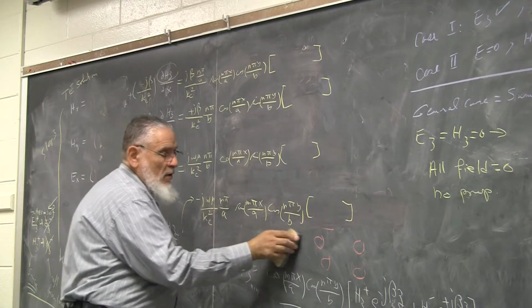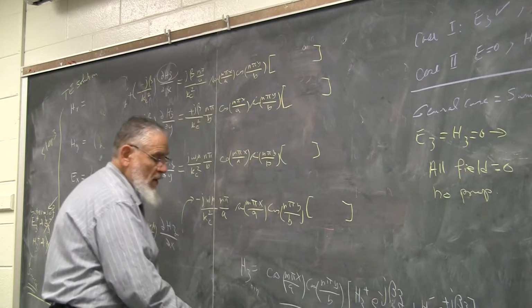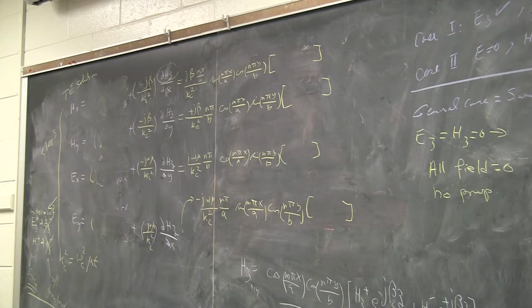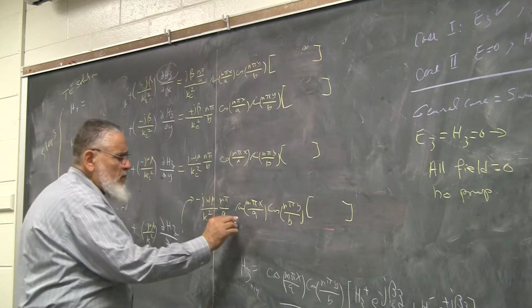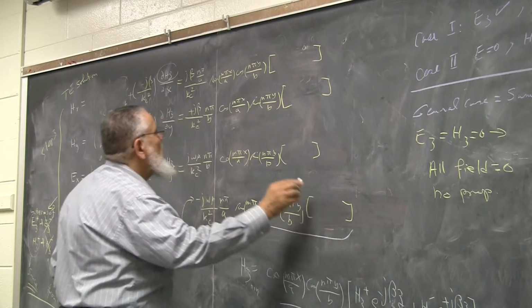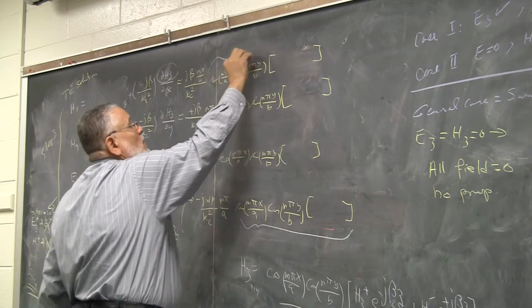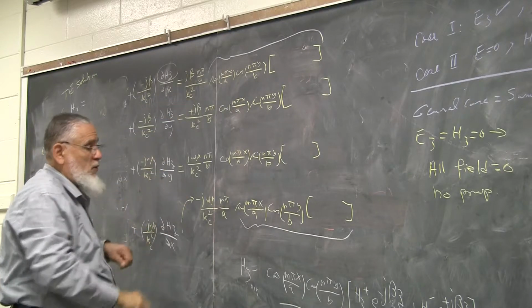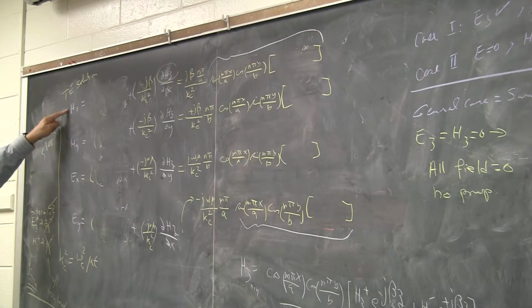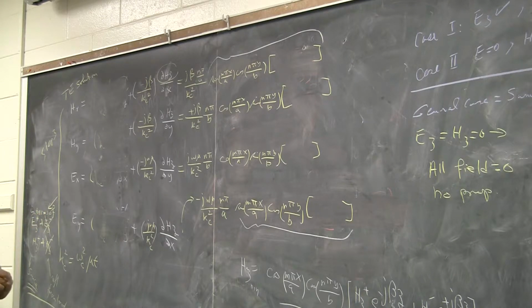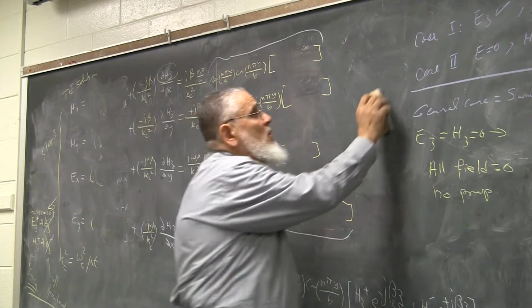Here's the solution now for the TE modes: Hz and all the other H's and E's. Hz is right there, and Hx, Hy, Ex, Ey as well. You notice right away the similarity between this one and that one, except for a different coefficient. So Hx and Ey are similar to each other.